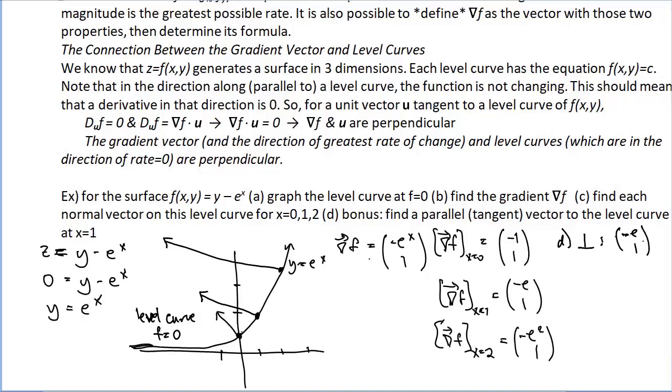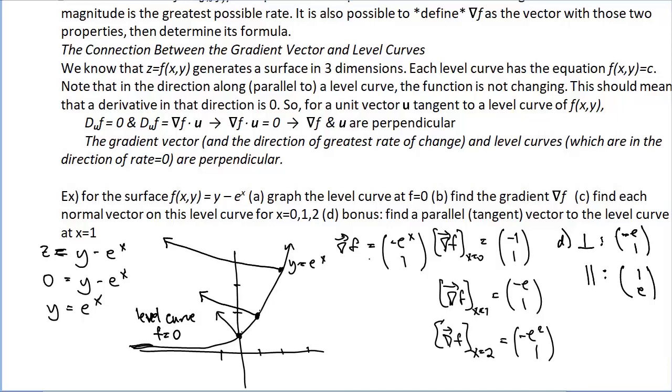Well, in 2 dimensions, we know how to turn a perpendicular vector into a parallel vector. You just switch them and make one of them negative. So 1, e, and in fact, let's draw that in and check it out.